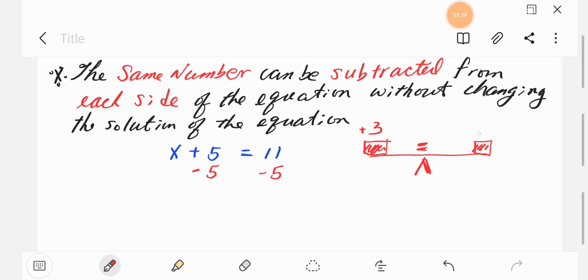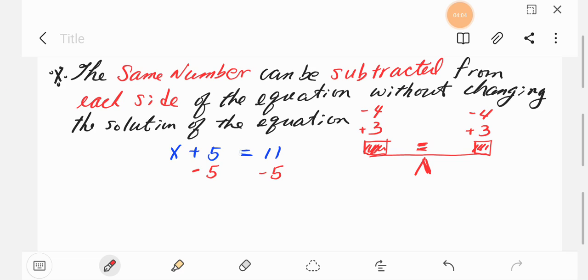In order to keep the balance, we add the same number to the right. So we add 3 apples to the right as well, so that the weight is the same. Even if you subtract some number from the left-hand side, you also need to subtract the same number from the right side, so the balance stays the same.